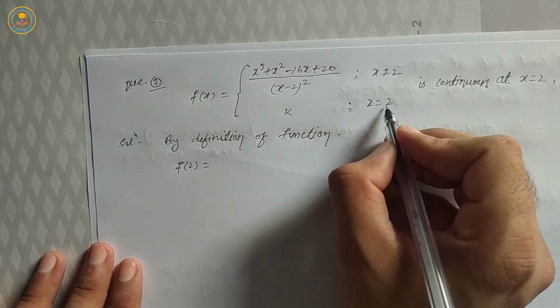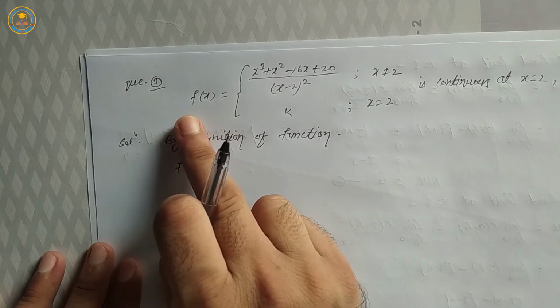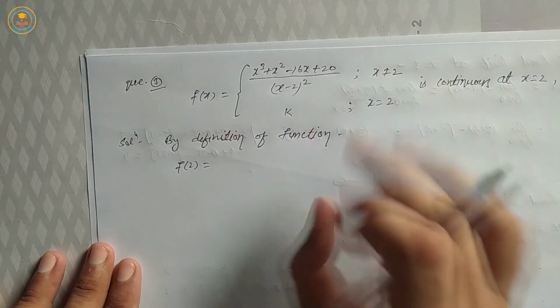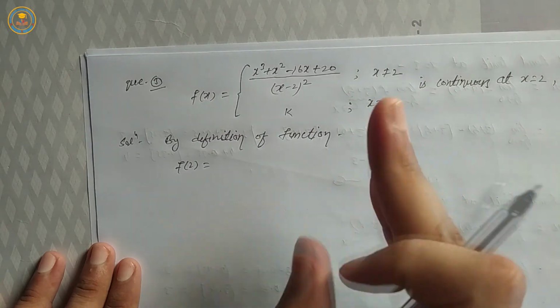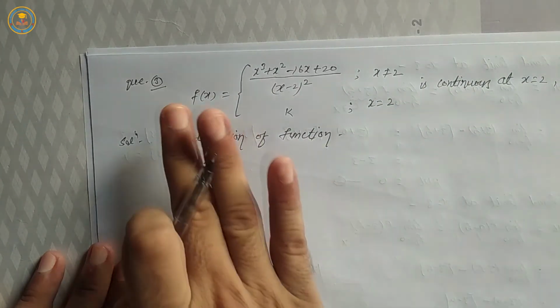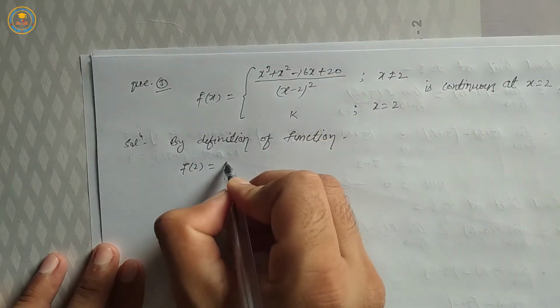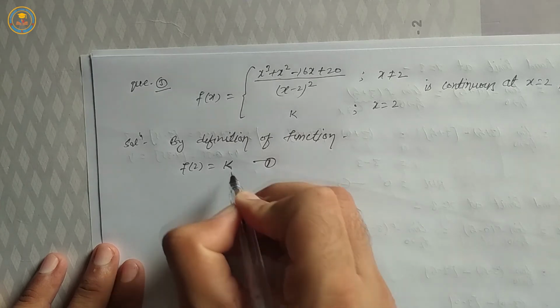When x is equal to 2, then the value of function f(x) is equal to k. For x greater than 2 and x less than 2, the value of f(x) is equal to something else. Okay, f(2) is equal to k. Equation first.